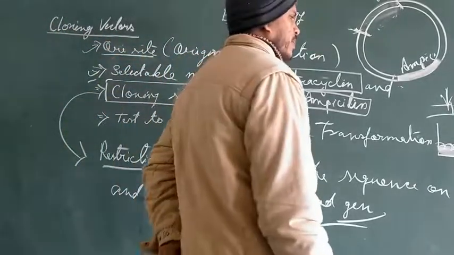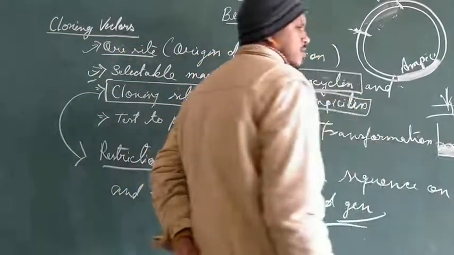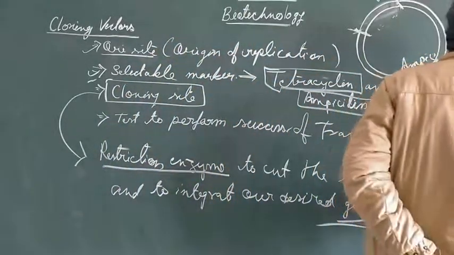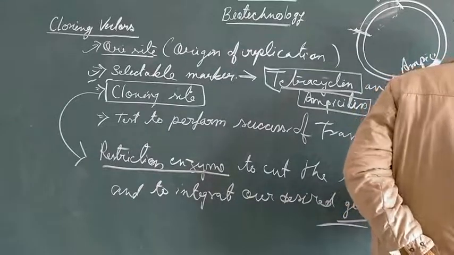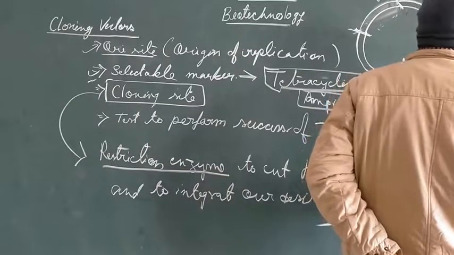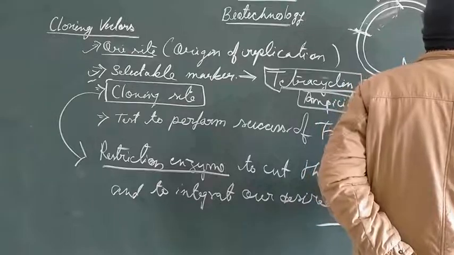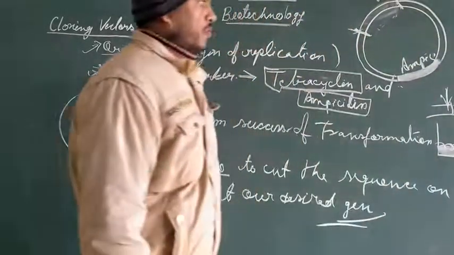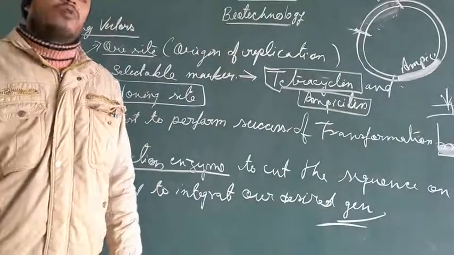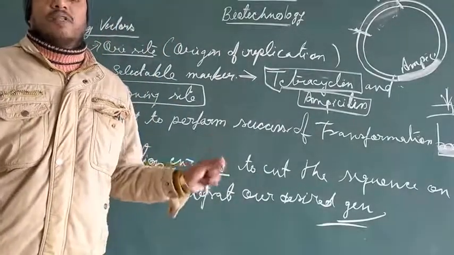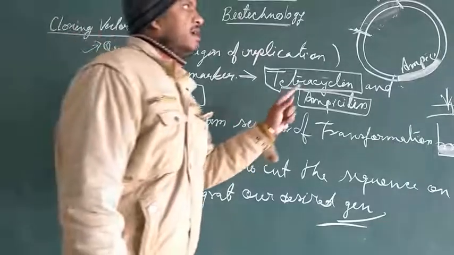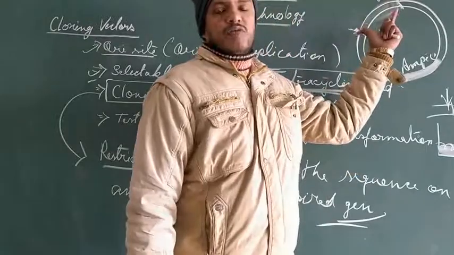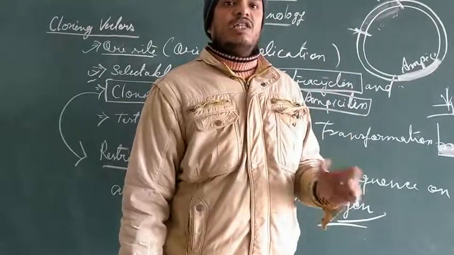Now what we do? We take a small sample inoculum from this culture plate and again grow that in a culture medium which is containing tetracycline. While we are doing so, we check the purity or the success of our transformation, because I told you that during the treatment with restriction enzymes, the sequence that is responsible for tetracycline resistance is no more.